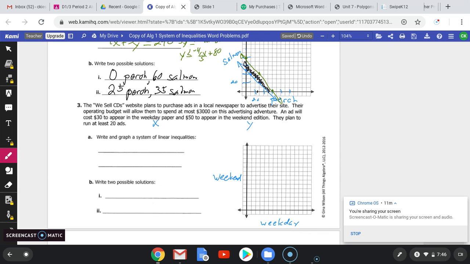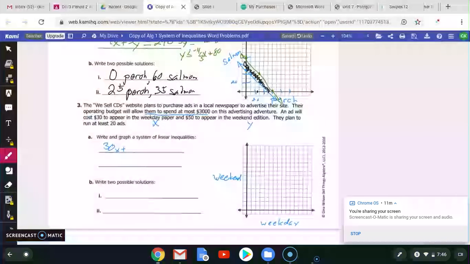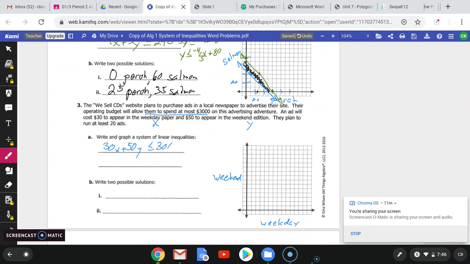Looking at the budget here, to spend at most $3,000, weekday was 30, so 30x plus 50y is less than or equal to 3,000, because it said at most, so I can spend at most that. And then he wants to run at least 20 ads, so 20 or more.